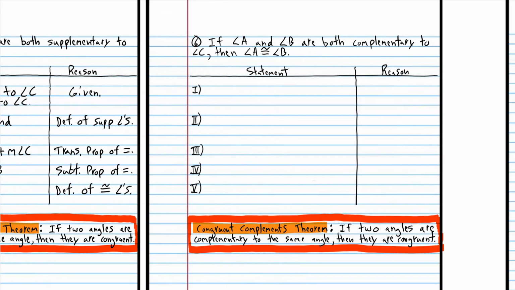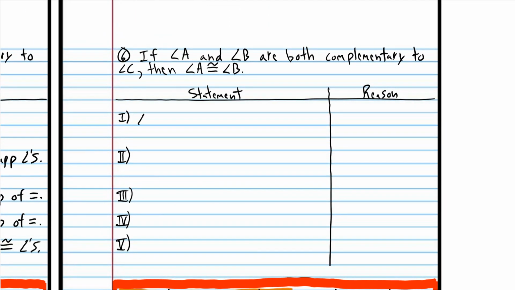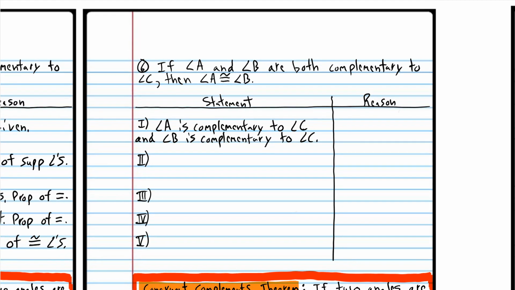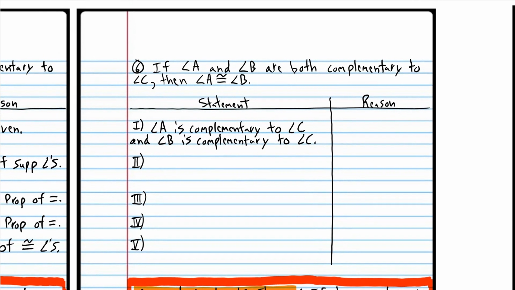All right, we're back. We'll start with the given information. Angle A is complementary to angle C, and angle B is also complementary to angle C. And that is given information.